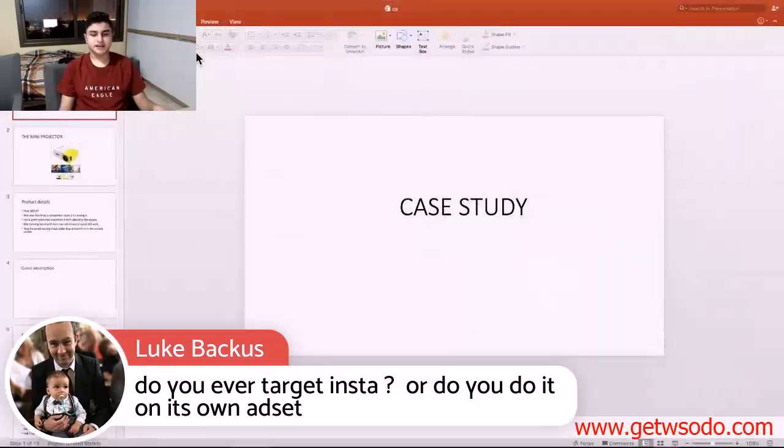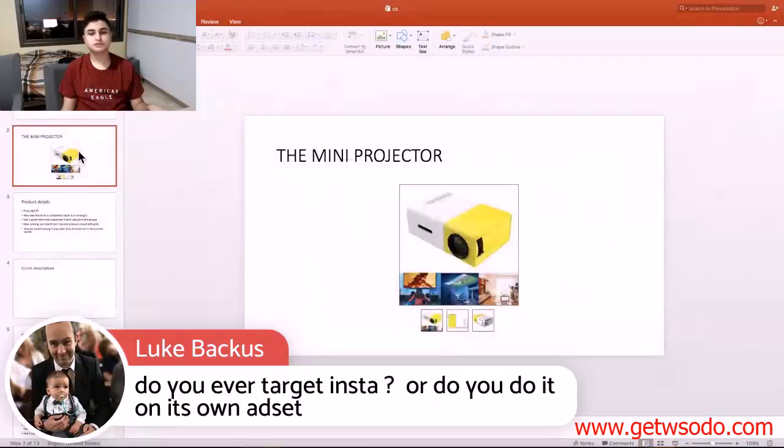So the case study. What was the product? The product was the mini projector.